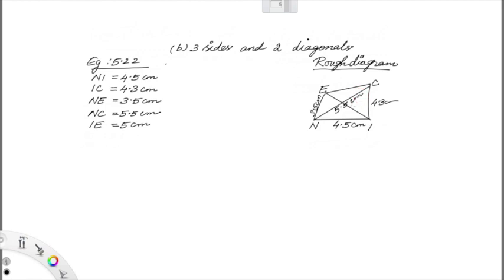IE is 5 centimeter. Here you have to use a sharp pencil, ma. Use a separate pencil for writing, a separate pencil for drawing the line, and a separate pencil for your compass. The pencil which you are using in the compass, you should not use for writing. Okay, fine, dear. We'll start now.